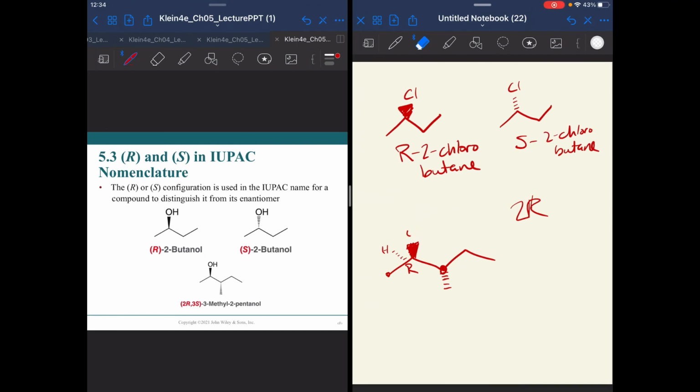So if I'm thinking about this as an overall compound, and this is a pentane, right? 1, 2, 3, 4, 5. Carbon 2 is a chiral center, and it is R. So it is 2R. So then we need to figure out what carbon 3 is.